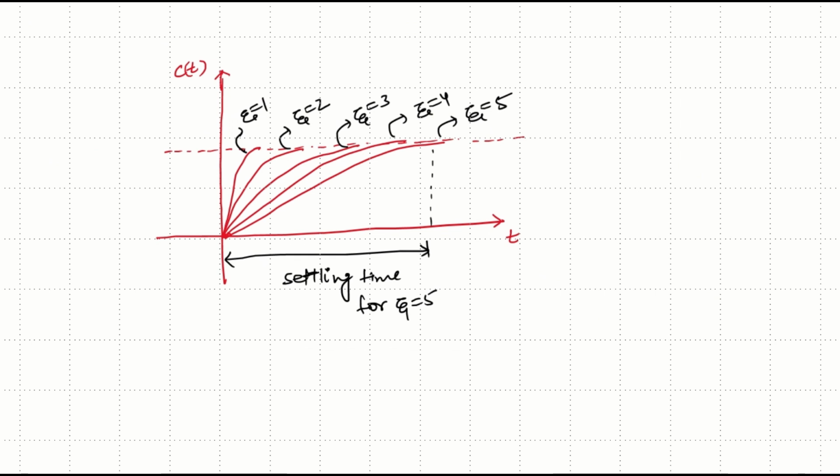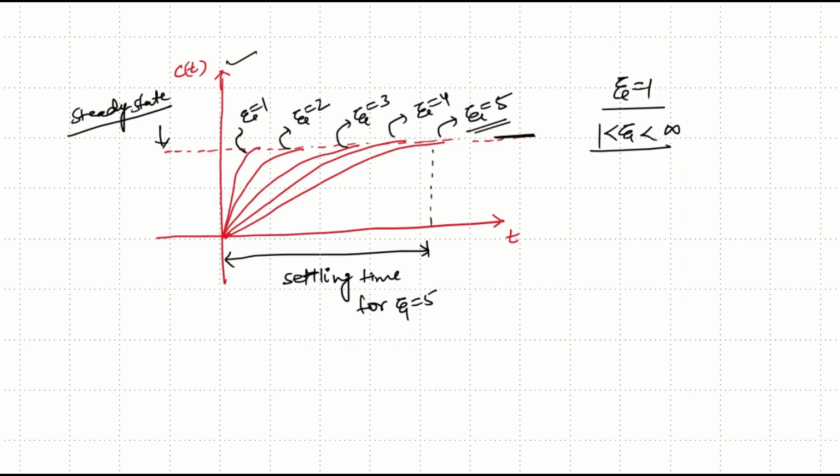Now if we plot the response of the second order system for both these cases, when the value of zeta is equal to 1, and when the value of zeta lies from 1 to infinity, we get this type of response as shown in the graph. Now when we increase the value of damping ratio, the system becomes slow as it approaches the steady state value.